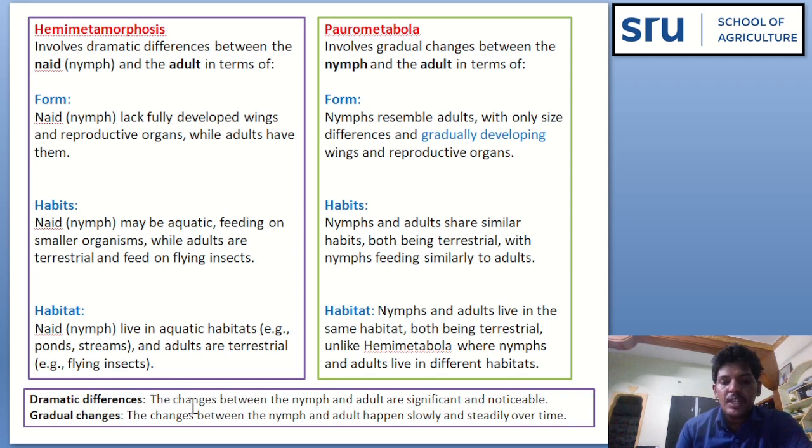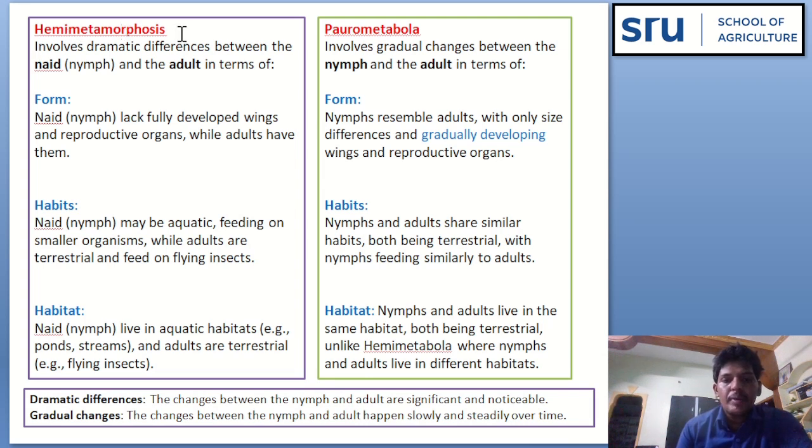Dramatic difference means the changes between the nymph, that is naiad, and adults are significant and noticeable. Gradual changes mean the changes are not that significant and not noticeable. So the changes between nymph and adult happen slowly and steadily over time.